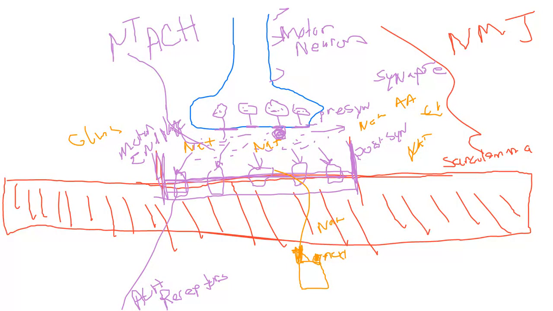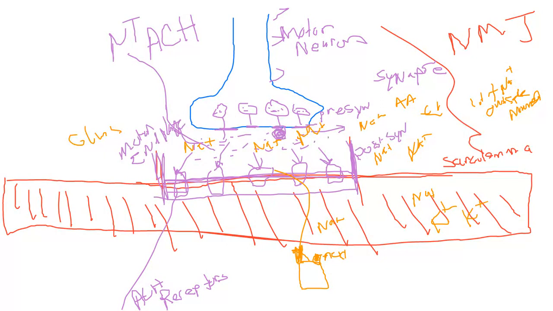So when the doorway opens, all right, there's a little bit of sodium inside the cell, but there is a lot of sodium outside the cell. So there are a lot of positive sodium ions outside the cell, outside the muscle cell, okay? And there are few sodium ions, there's more potassium ions, actually, but there are fewer sodium ions inside the cell, okay?